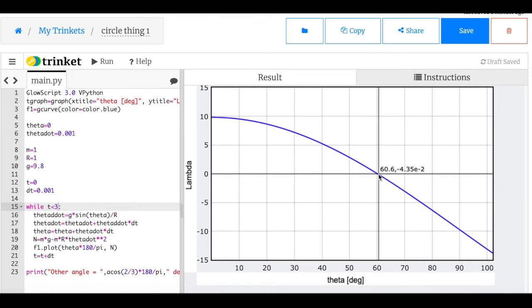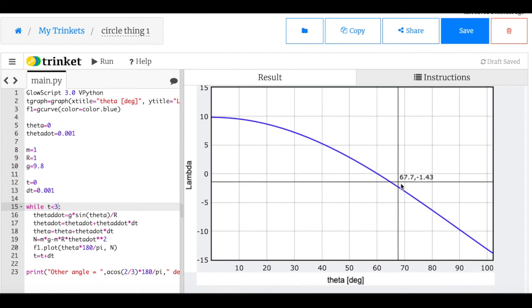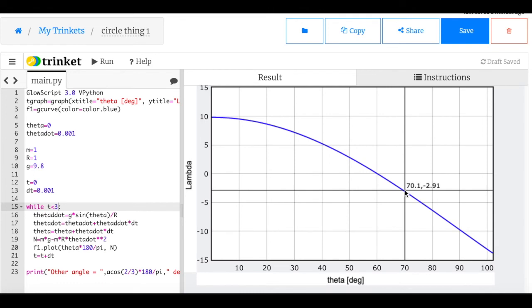Okay, so over here, that didn't give it an angle, a time. I'm getting 58 seconds. Actually, I think that is the right answer. So let's run this as long as theta is less than 70.